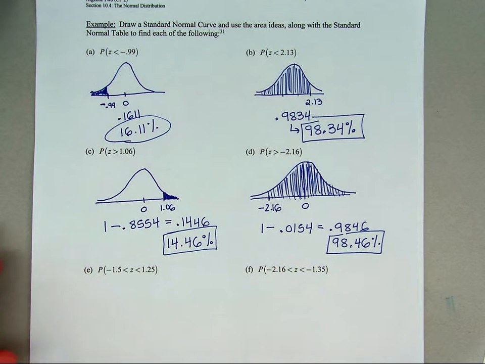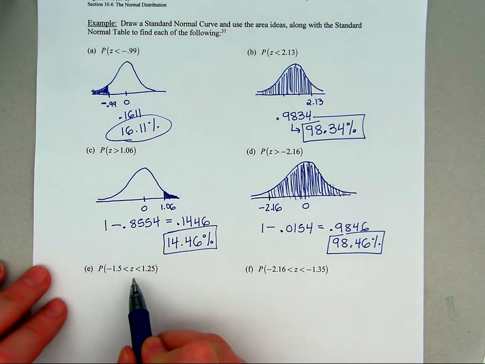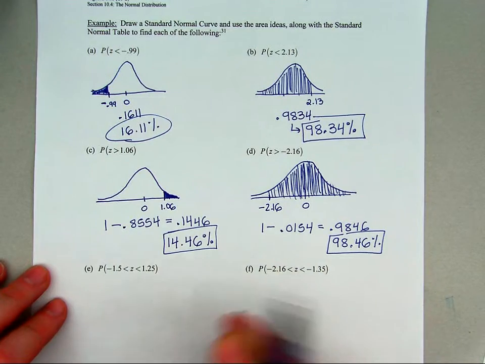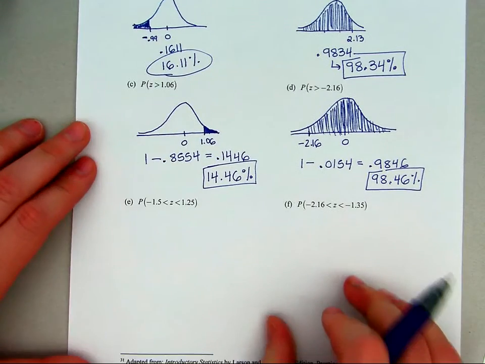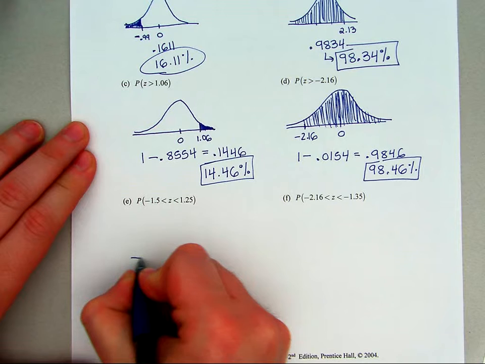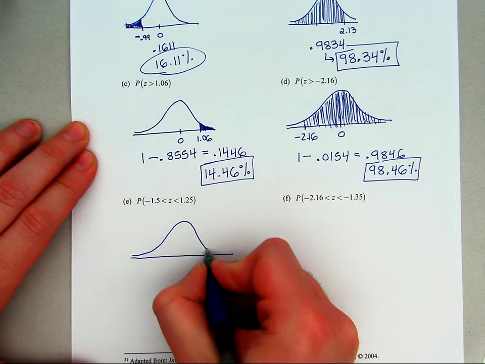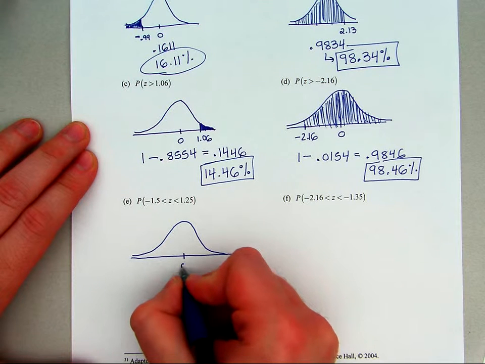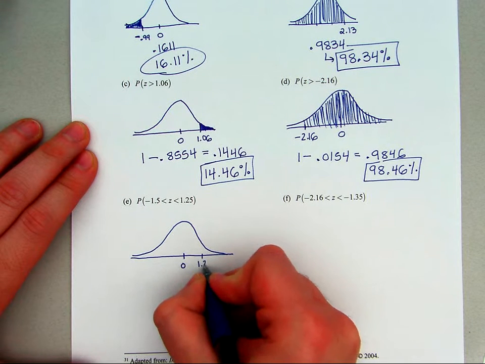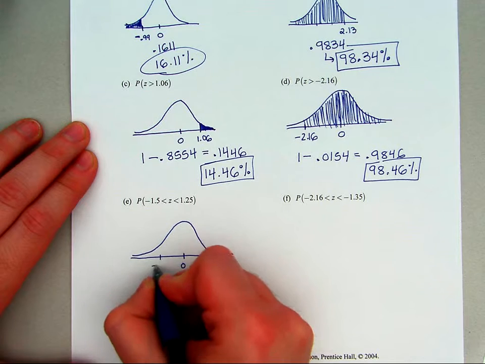In letter E, I want to find the percent of the data where the values are in between negative 1.5 and 1.25. So I'm going to sketch a normal distribution over here. The mean is 0. The values are 1.25, negative 1.5.